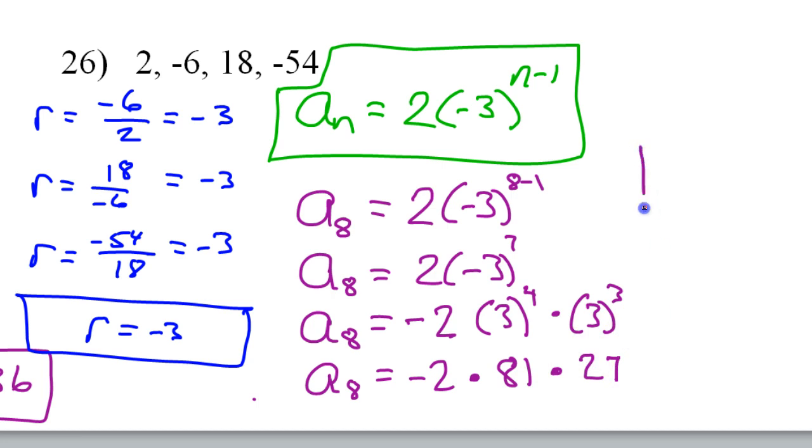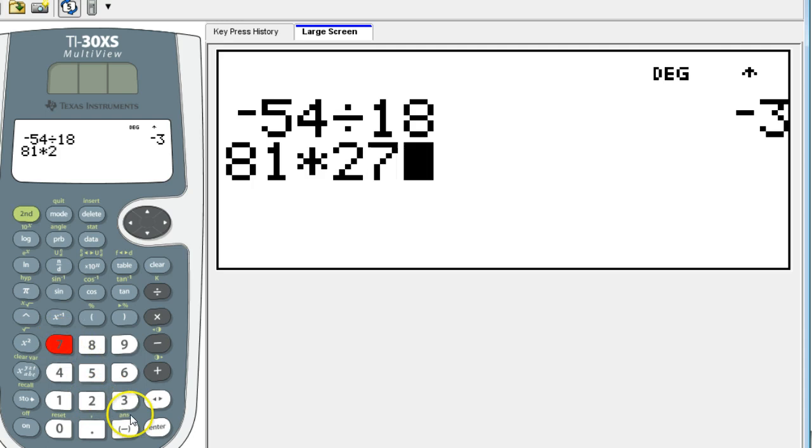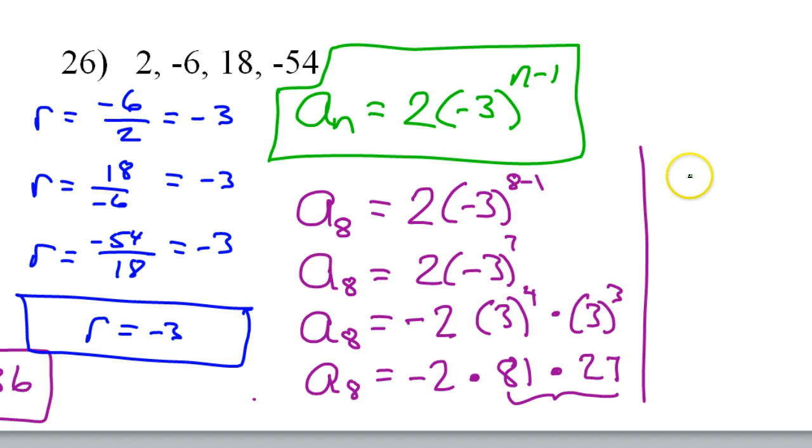If I multiply these two together, 81 times 27, I'm pretending like I have a 4-function calculator. So 81 times 27 is 2,187. I still have the -2. So it's -2 times 2,187.